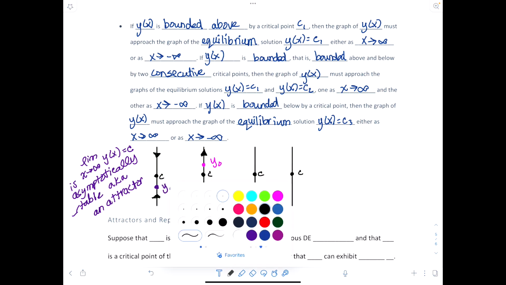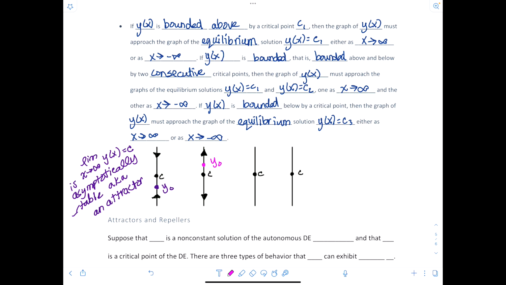And so in this case, what happens is, as x approaches infinity, all solutions of y of x move away from C. And you'll see this in a minute. It's really cool.